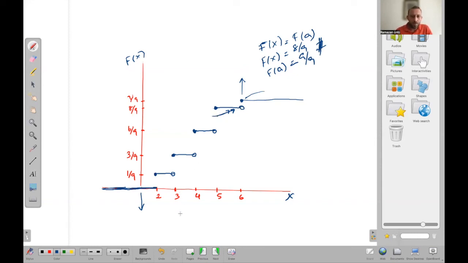And also think about these jumps. How can we extract these jumps? What is the height of this jump? It is 3 over 9 minus 1 over 9, right? And this is 2/9. And this is actually the probability of x equal to 3, right?